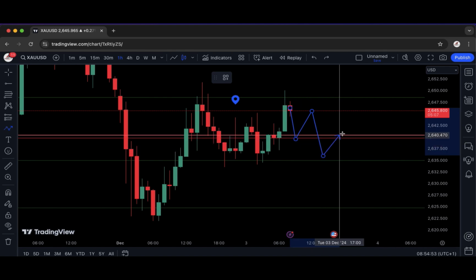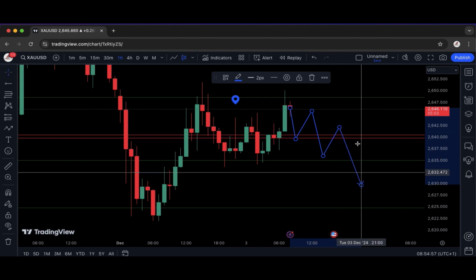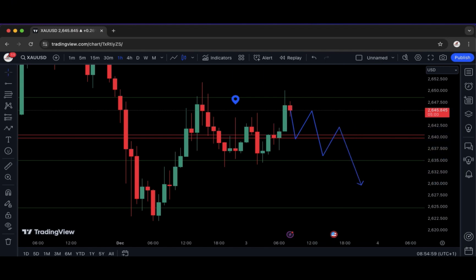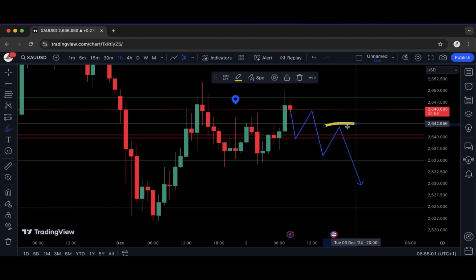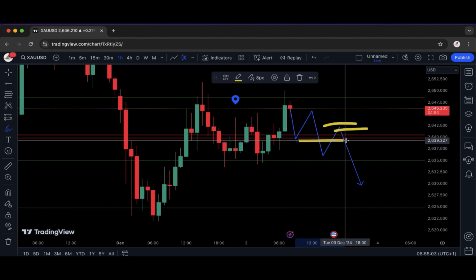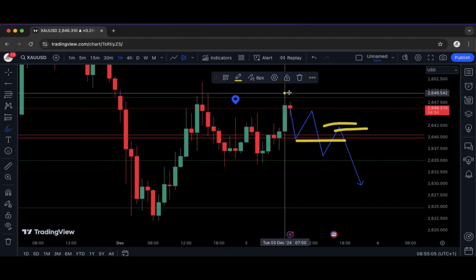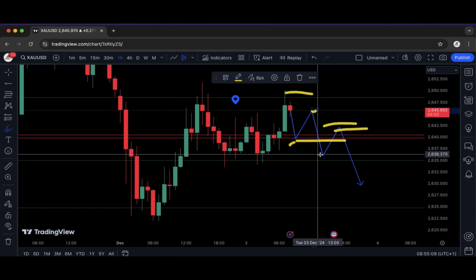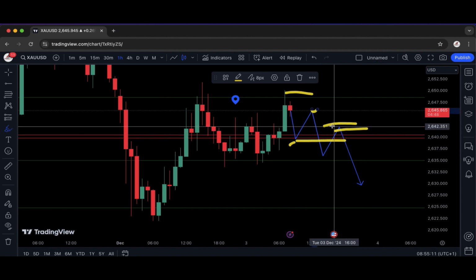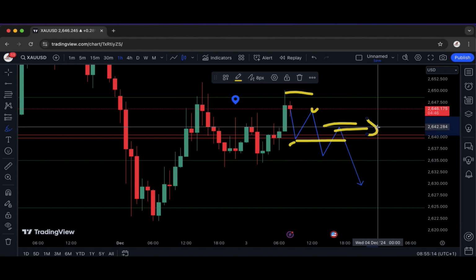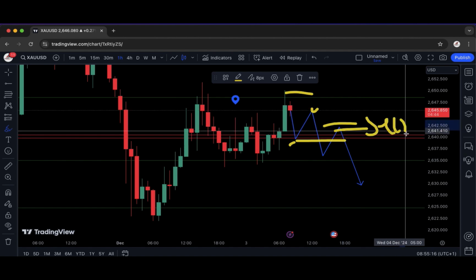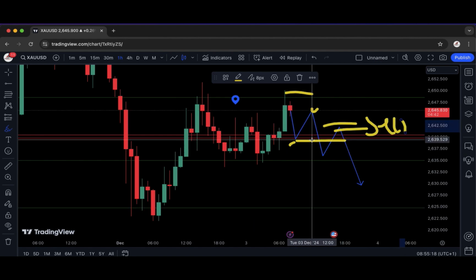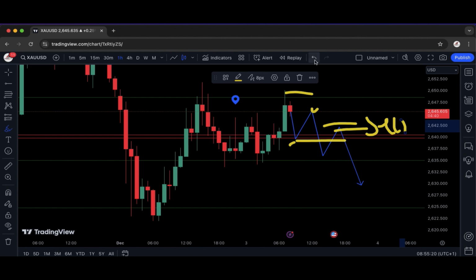Then if it comes back to maybe here, we have to look for a buy from somewhere here, because it took out this low. We call this the higher high, this the lower low, and this the higher low. Then it took out the lower low. Then coming back to retest, we take a sell from somewhere here. This is another scenario that might happen.